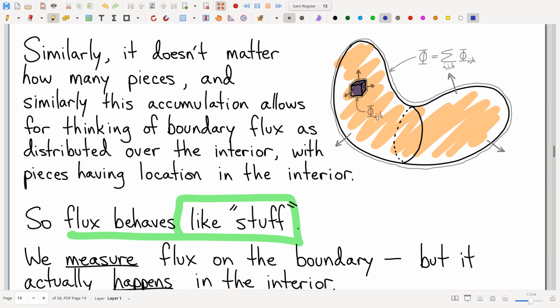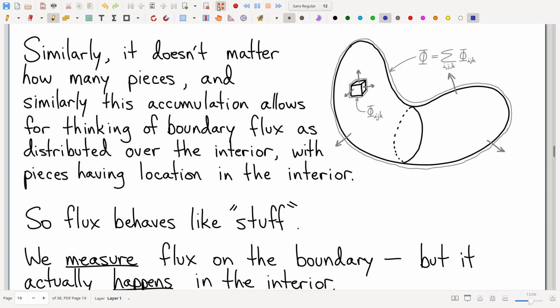That's how you would do it if it actually were stuff. And if you think of it as stuff, then nothing goes wrong, because the whole is the sum of the parts, just like stuff is. So that's what I want to remind you. That's how we want to think about these accumulating quantities.